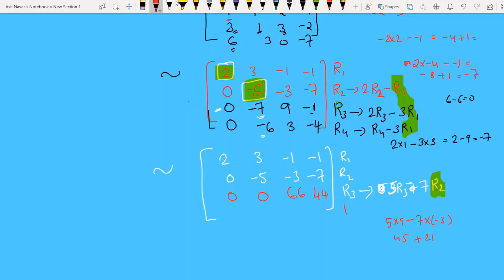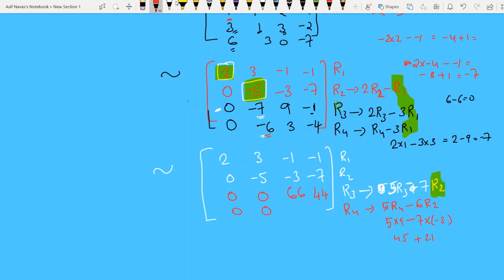Okay, now we want to make this 0. So R4 implies 5 R4 minus 6 R2. So this becomes 0.